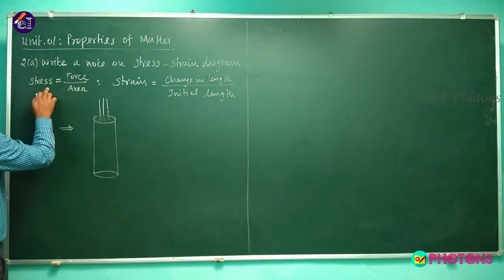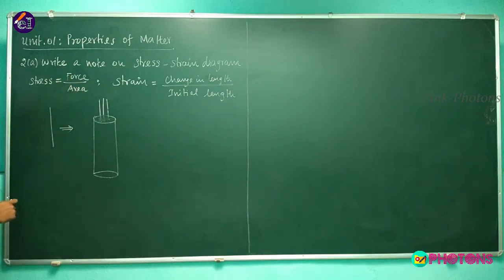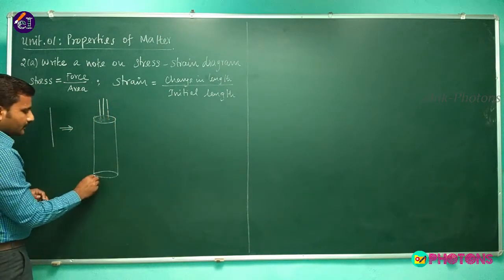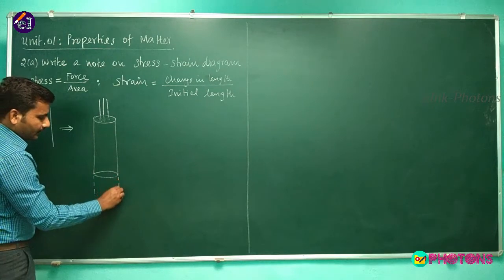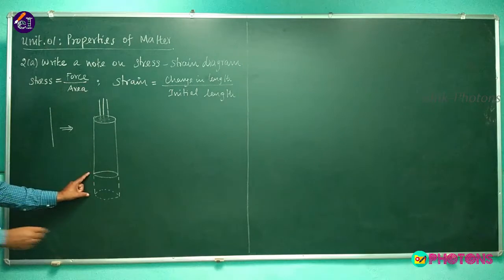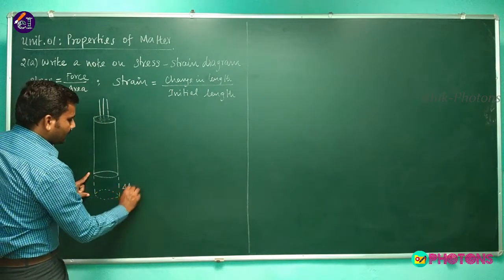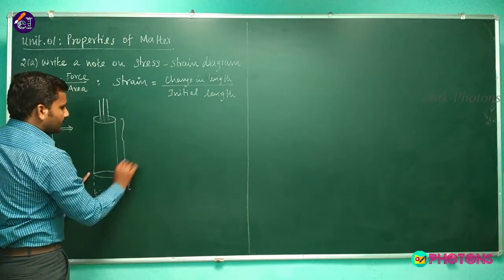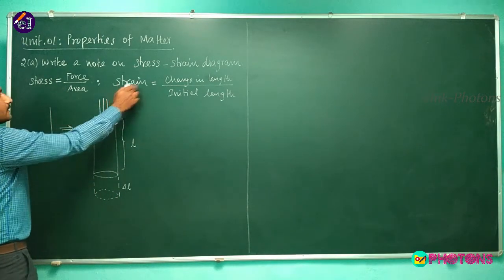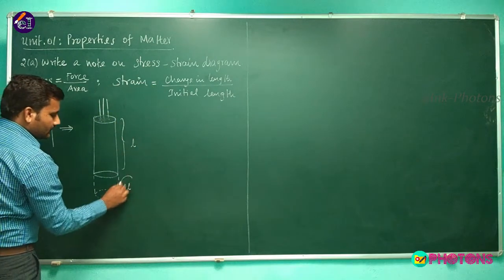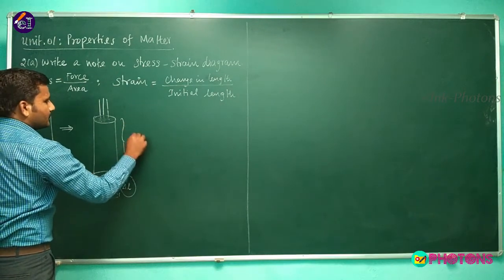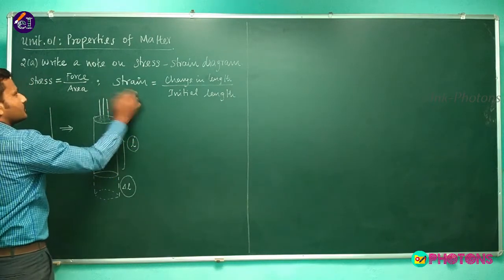Because of this stress, the material tends to extend or elongate by a length delta L. The initial length is L. Strain is equal to this change in length divided by the initial length.